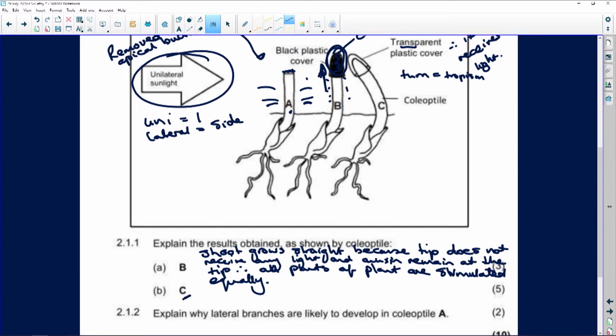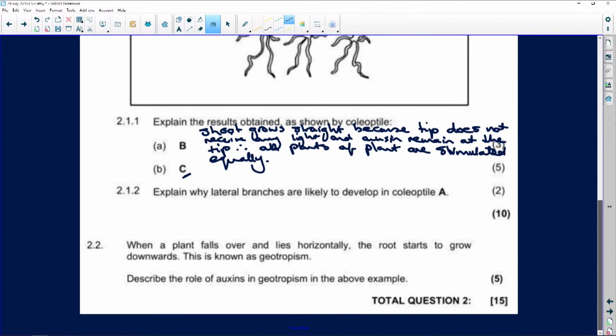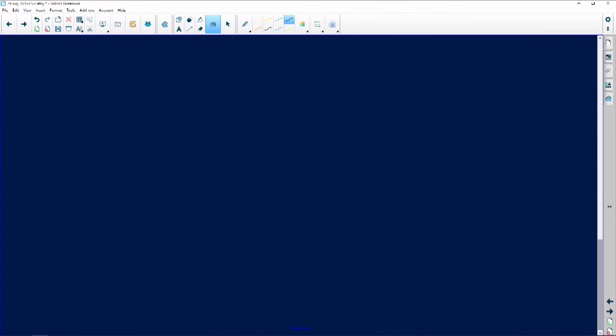Now when we look at C, this little plastic tip is allowing the light to come from only one side. So I'm going to give us some space here, and what you're going to say is the following. For tip C, this is what's going to happen.